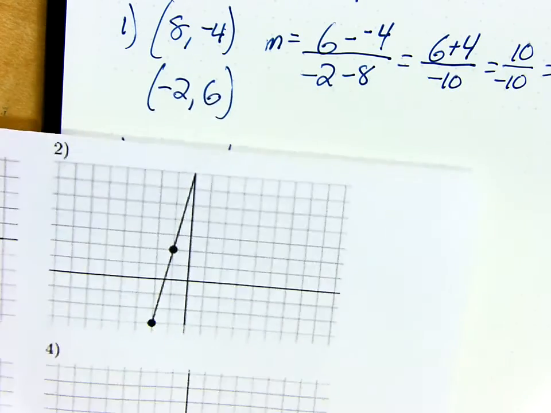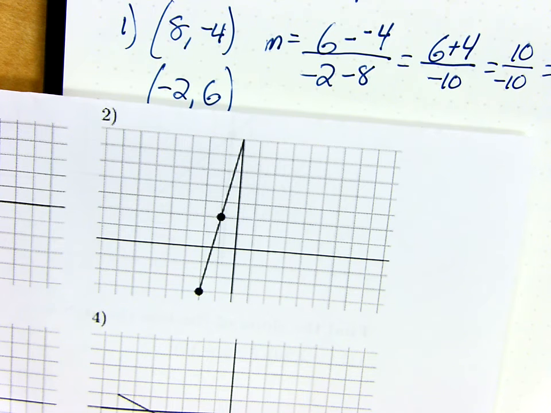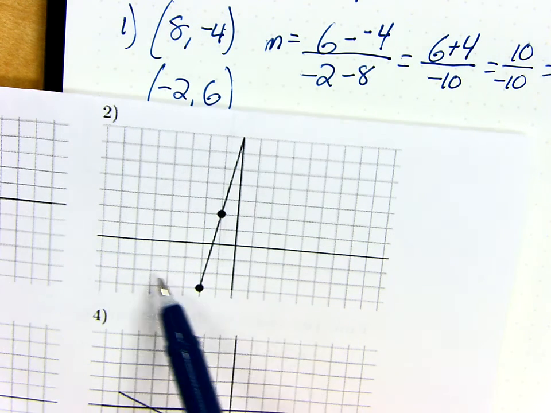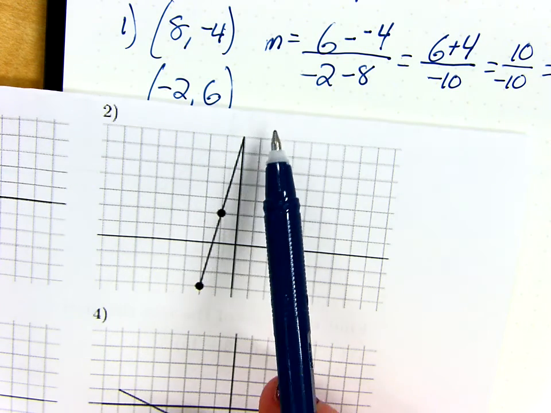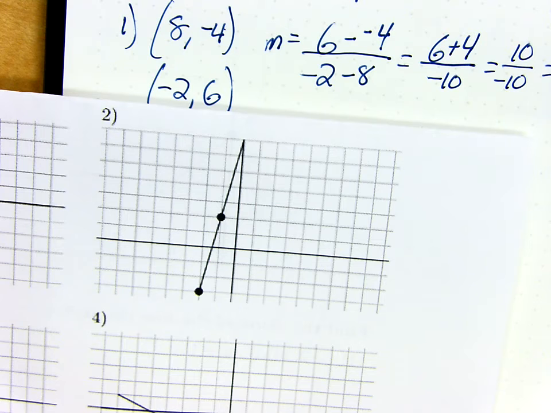Just like when I look at number 2 here, tell me what you know about the slope right away. Going up, right? From left to right, we're going up. So if I was doing some sort of multiple choice thing, any slopes that are negative, I would know right away are wrong. They have to be.